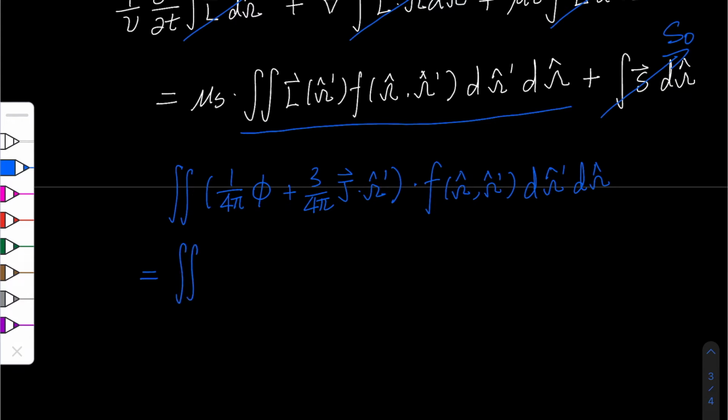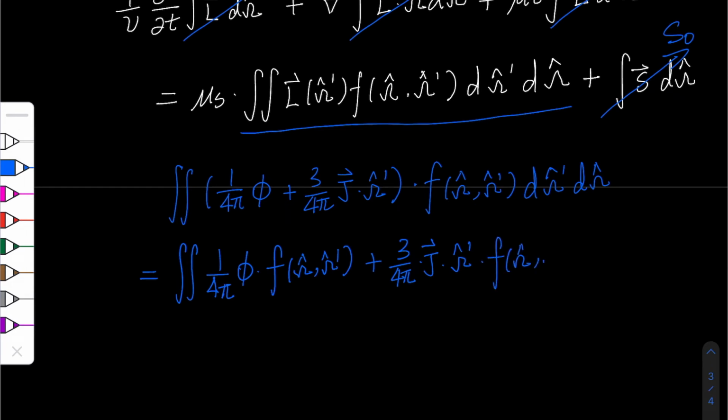So that will be 1 over 4 pi phi times f of omega hat prime, plus 3 over 4 pi times j times omega hat prime times f of omega hat prime, and then d omega hat prime d omega hat. And those are all inside of the double integral.